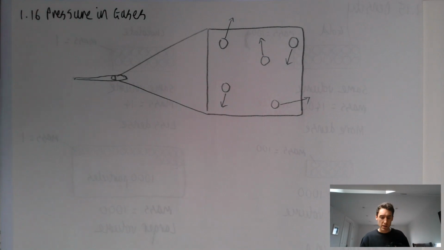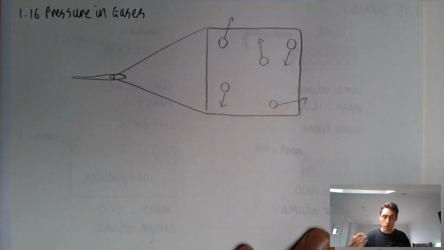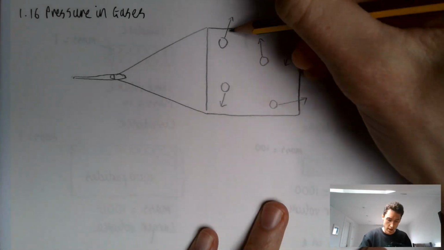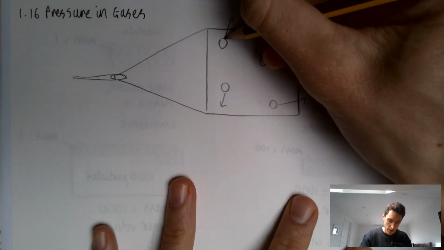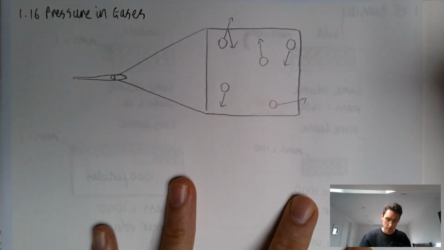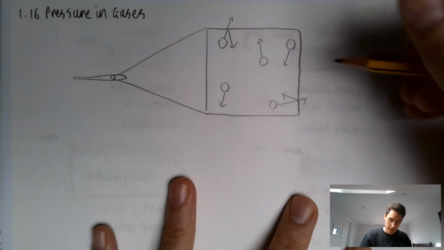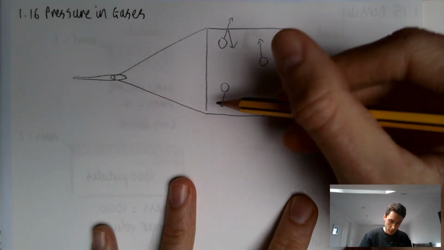Now what I want to explain to students is that if they were inside a box like this, the particles bounce off the walls. This one is going to collide and bounce off the wall like this. This one is going to bounce off the wall like that. This one is going to bounce off the wall like this.